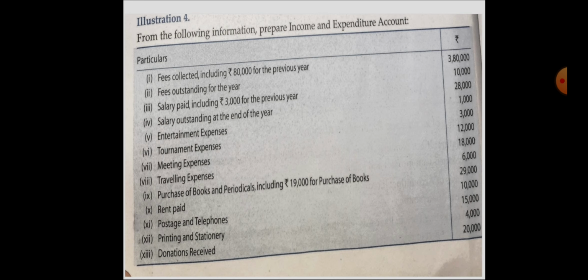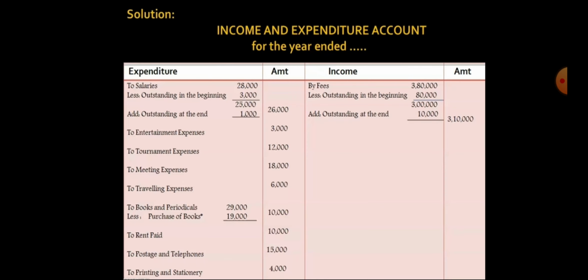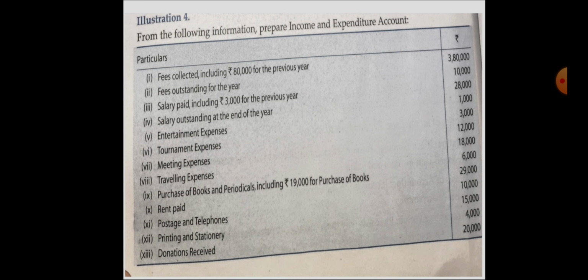Next in the order we have printing and stationery. So you have purchased some pens, books, papers and all those for your club. So it will be regarded as an expenditure and will be recorded in the expenditure side as to printing and stationery. Next in the order you have donation received.